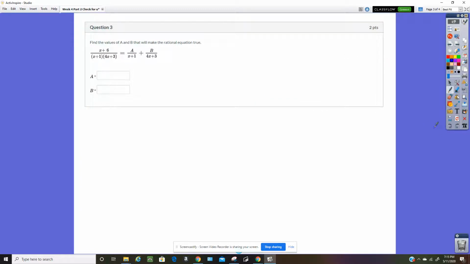And then once again, find the value of A and B. So multiply through by the least common multiple. You get x + 6 equals A times (4x + 3) plus B times (x + 1). All right.